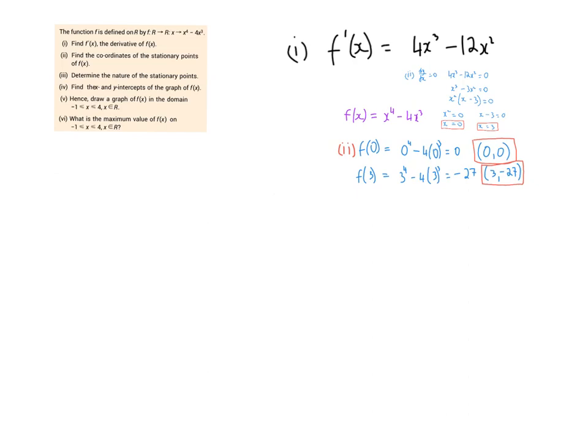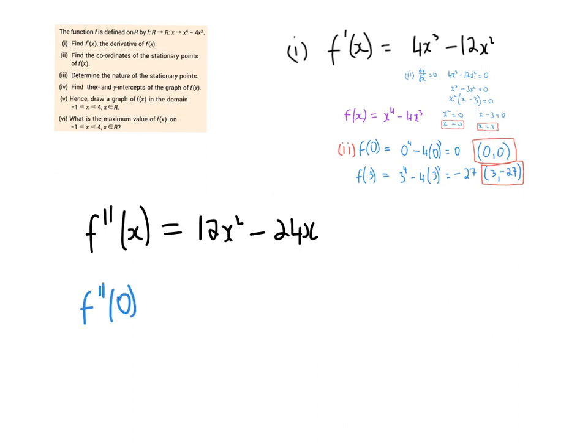So to do that, we get our f double dash of x, our second derivative, and we see, well, that's 3 times 4 is 12, x squared minus 24x, and now we sub in our x values there and see what we have. So f double dash of 0 is equal to 12 times 0 squared minus 24 times 0, which is equal to 0.